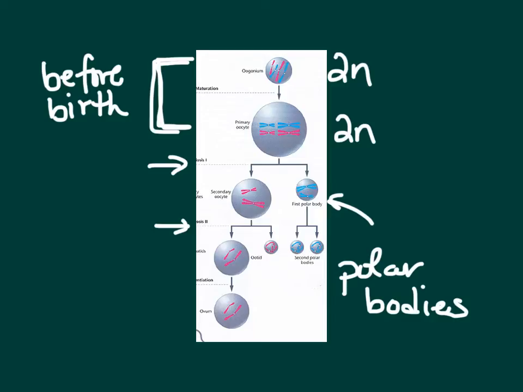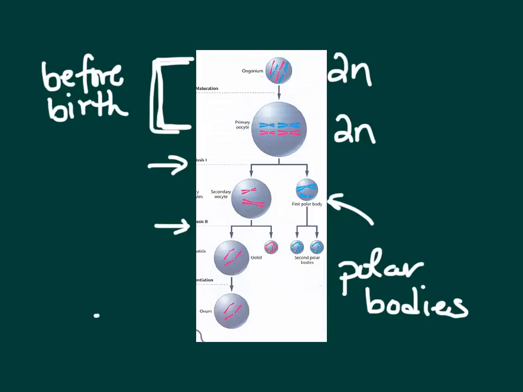And in order to provide enough for a living, growing being, it has to be a fairly large cell. That means that those other three polar bodies are not going to have as much cytoplasm, to guarantee that for every round of meiosis, you get one viable, usable egg cell.